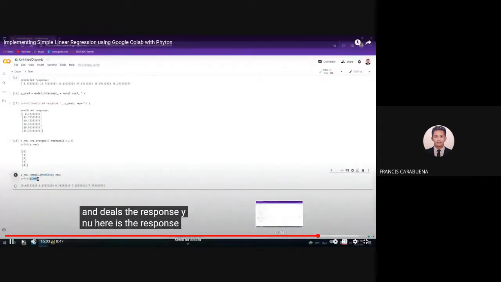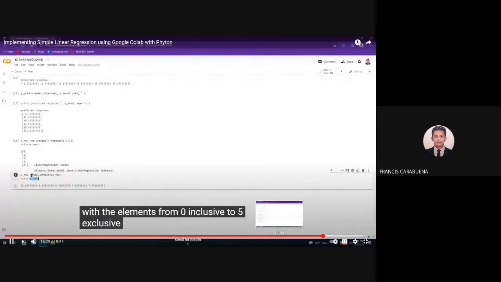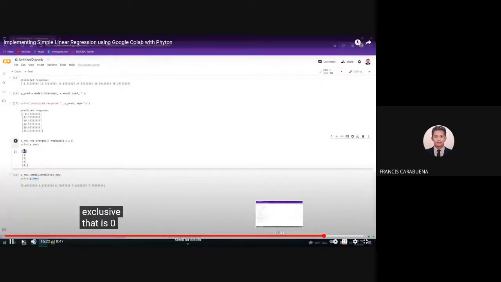Here is the response. This example conveniently uses arange() from numpy to generate an array with the elements from 0 inclusive to 5 exclusive. That is 0, 1, 2, 3, and 4.